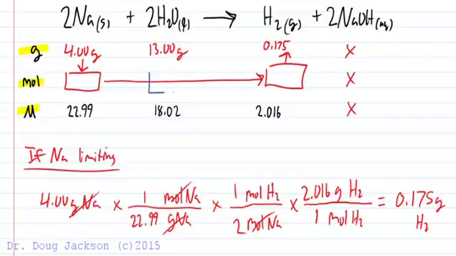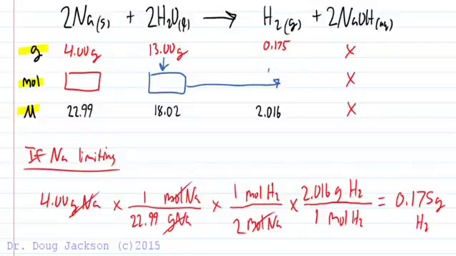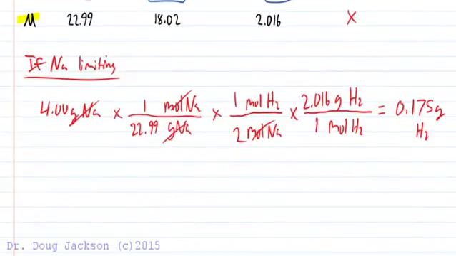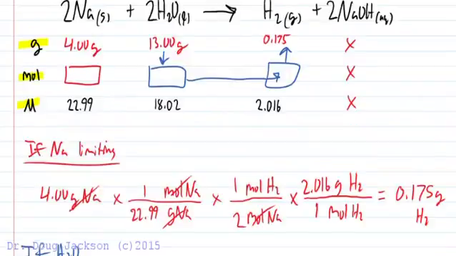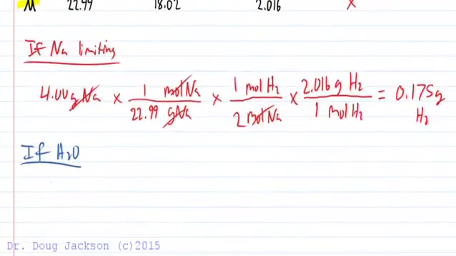Okay, but we also have to check what if water is the limiting reagent. And so we've got to go through the roadmap again and solve again. Okay, and so if water, we start with 13 grams.